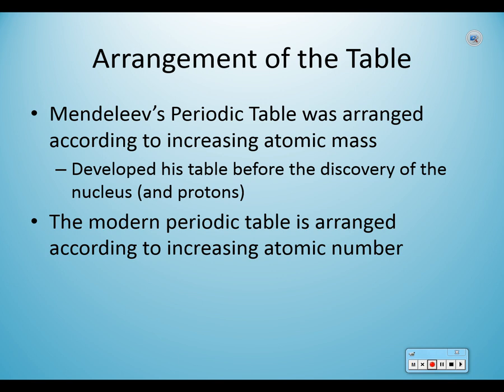But Moseley devised an experiment and realizes that the nucleus of every atom is actually a different amount of positive charge. And then, a little bit further, realizes that that difference in positive charge is a difference by a factor of integer values. So it's like 1, then plus 2, then plus 3, then plus 4.